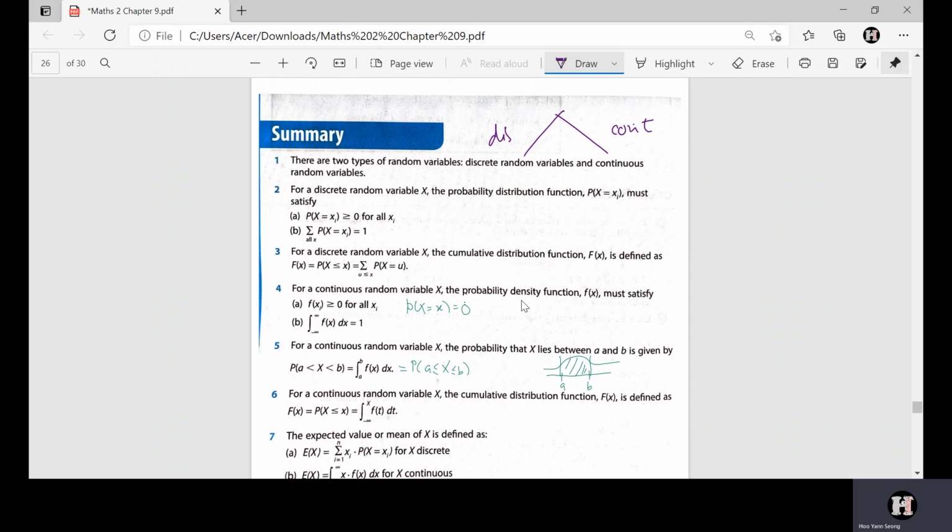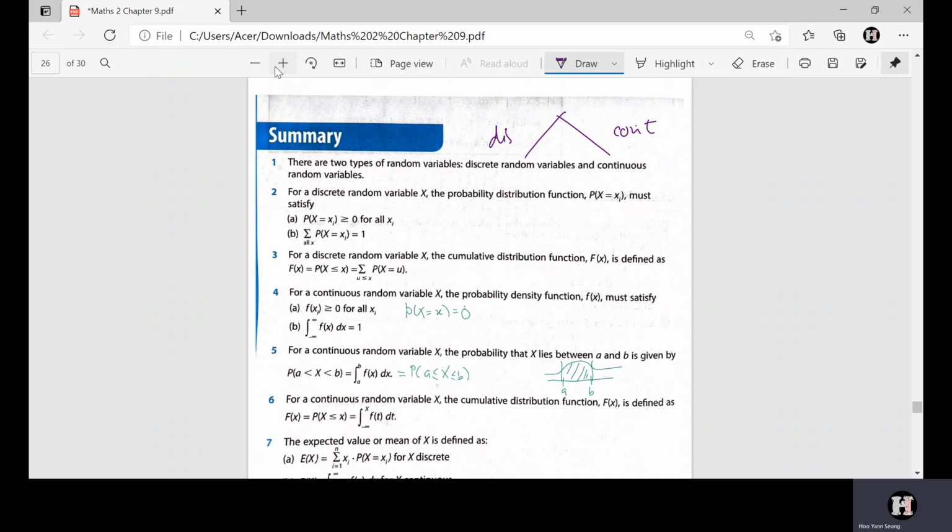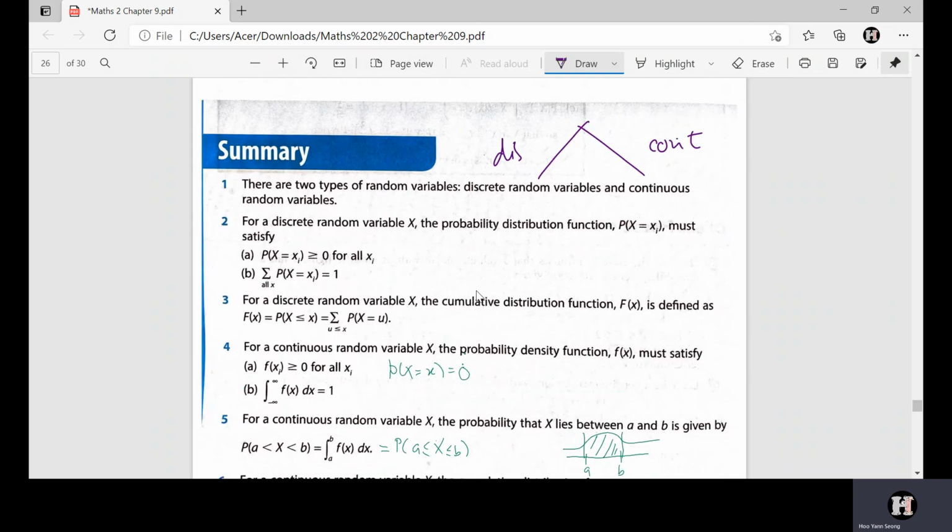If we look at number 2, for a discrete random variable x, the probability must be greater than 0, and the key for both random variables is that the sum of all the probabilities must equal 1. If they do not equal 1, that one is not a probability distribution. Regardless of discrete or continuous, both are the same.